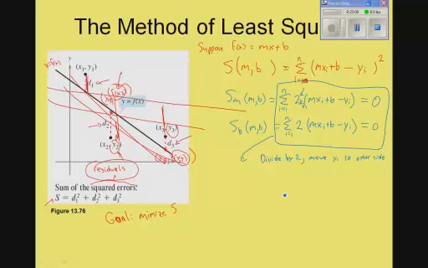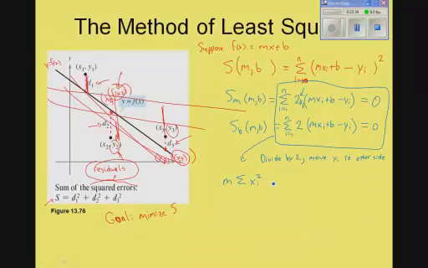And when I do that, here's what I get. I get m, which I factored out, times the sum, and I'm not going to write i equals 1 to n anymore because it's getting annoying, times the sum of the xi squareds, because I had xi times another xi.